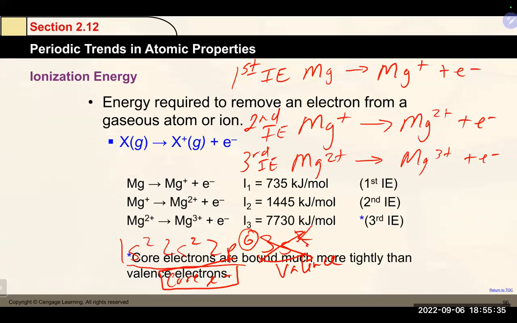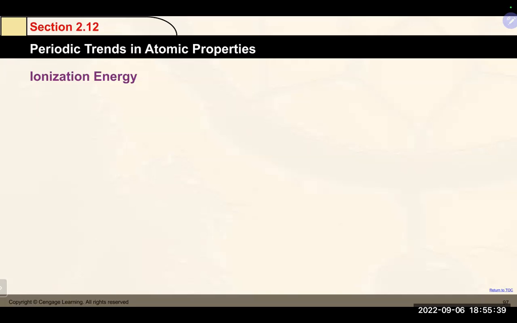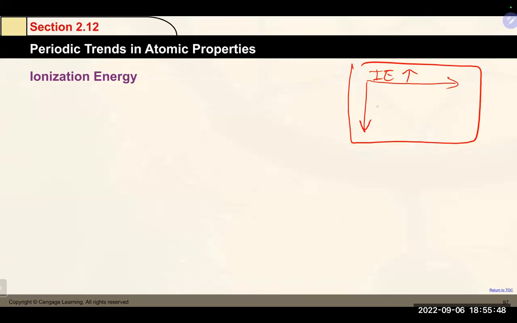In general on the periodic table, it increases as you go up and to the right. Ionization energy increases, and it decreases as you go left and down on the periodic table. So much easier to remove an electron left and down than it is right and up on the periodic table.